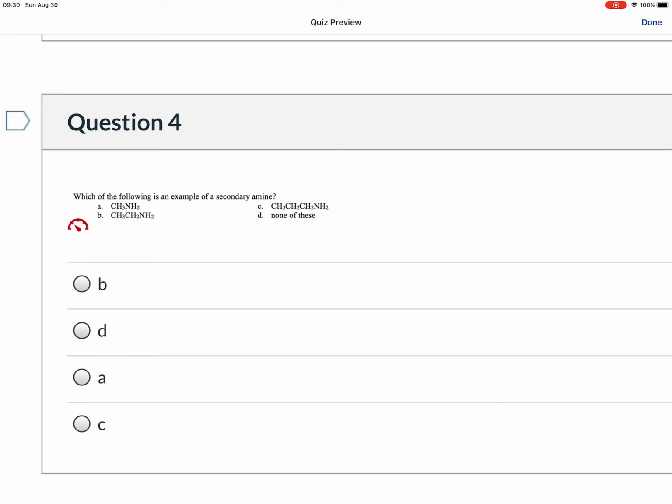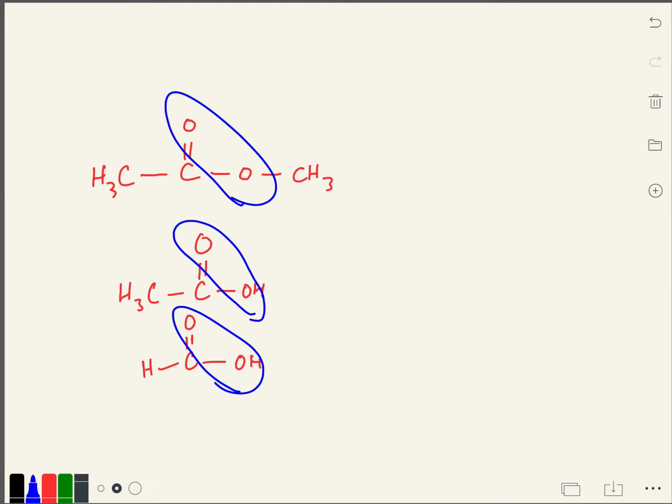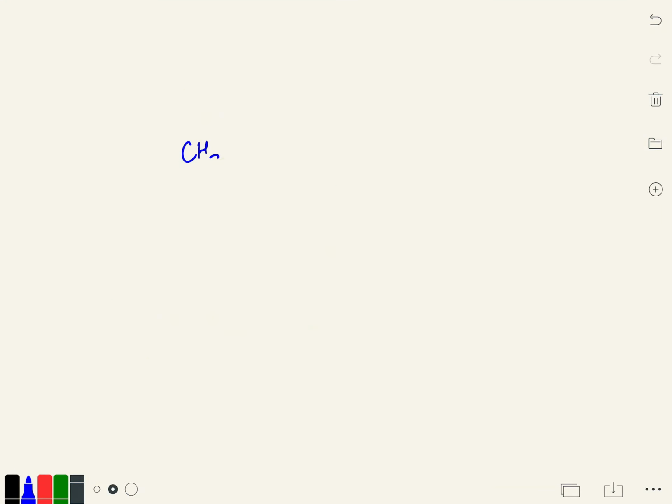If we were representing a secondary amine using formulas, you would often see something like that. So here you can see that the nitrogen is attached to the carbon, which is attached to two other carbons. But when you see CH3, CH2, CH2, NH2, it's on the side.